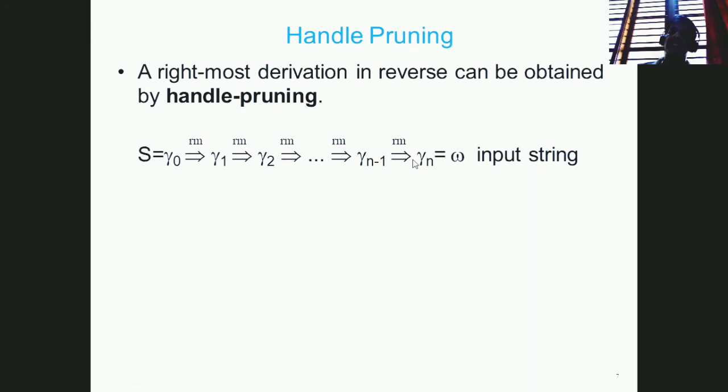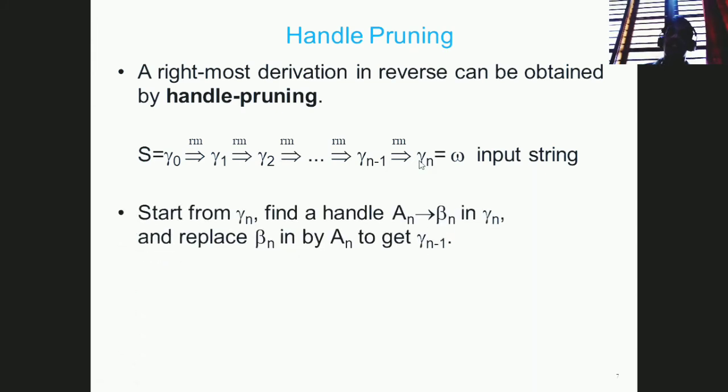In gamma n, I may find beta n, and this beta n is a handle. If I replace beta n by A n, I get gamma n minus 1. So beta n is a handle in gamma n, replaced by A n, giving gamma n minus 1.